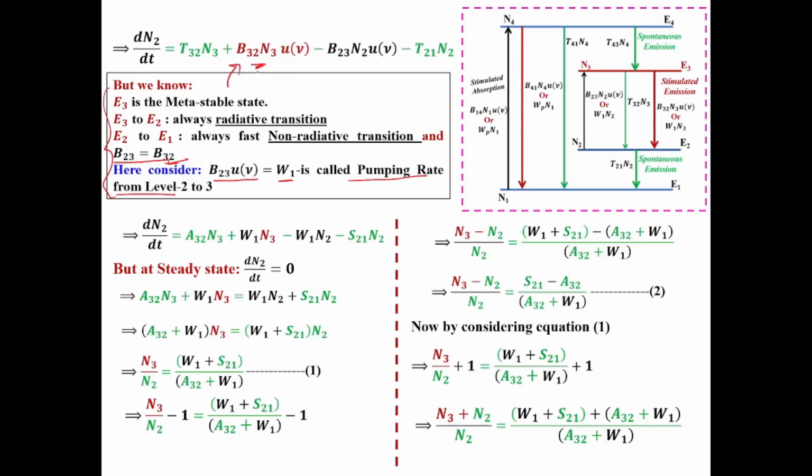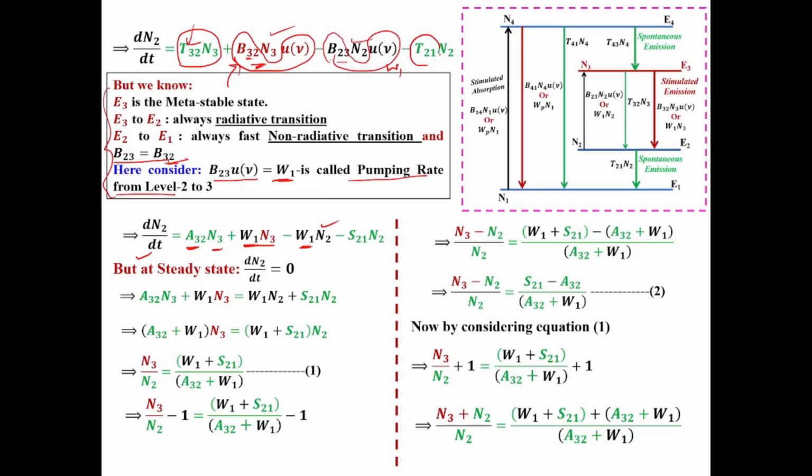Now this equation will be written as dN2 by dt is equal to, here this is the radiative transition, so T32 will be written as A32 N3. Here B32 into U mu is considered as W1, the pumping rate, so W1 N3. Here B32 is nothing but B23, so B23 into U mu can also be written as W1, and N2 is written over here.